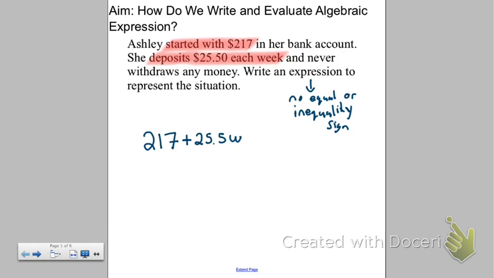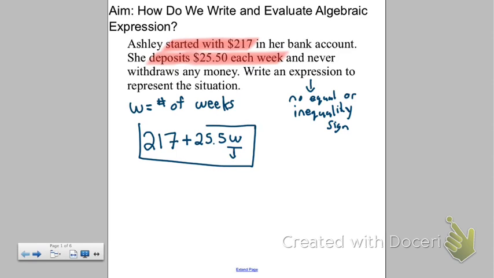A key part, though, is since we introduced this variable of W, I need to state what W is. So W equals the number of weeks. So this whole part would be my expression. The $217 that she started with plus the $25.50 each week. So it would be W.